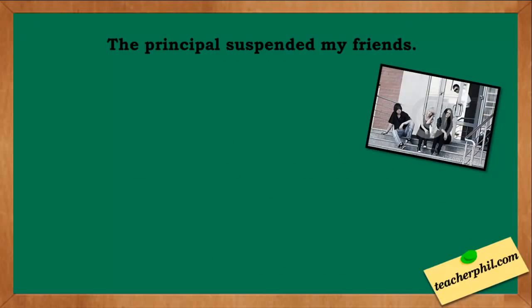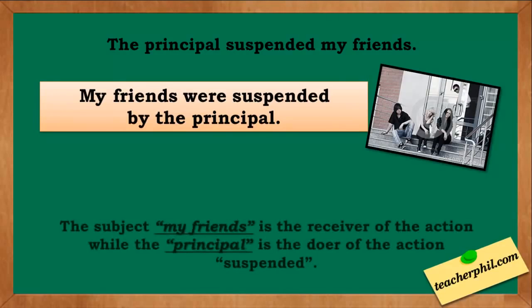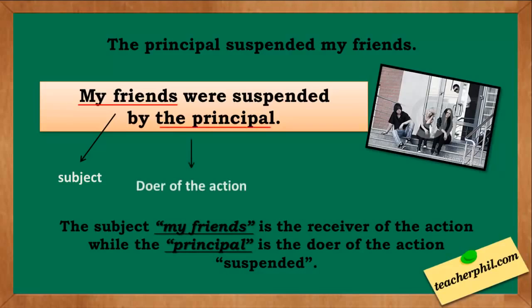Another one: The principal suspended my friends. This is also in active voice. If we change this into passive voice, it becomes: my friends were suspended by the principal. The subject my friends is the receiver of the action, while the principal is the doer of the action suspended.